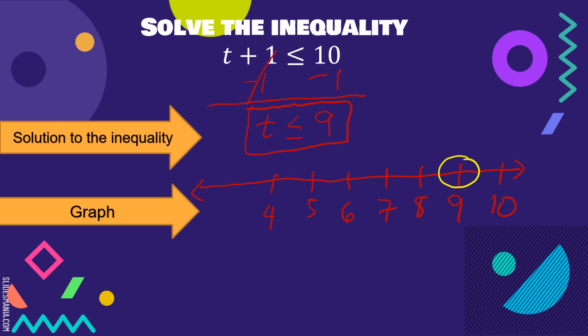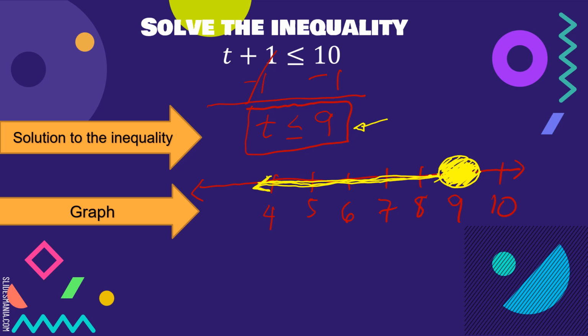Take note, by this time 9 is included. So t is less than or equal to 9, which means 9 and below. So this is a solid circle on 9, and our inequality points to the left. So we are going to sketch an arrow to the left side.